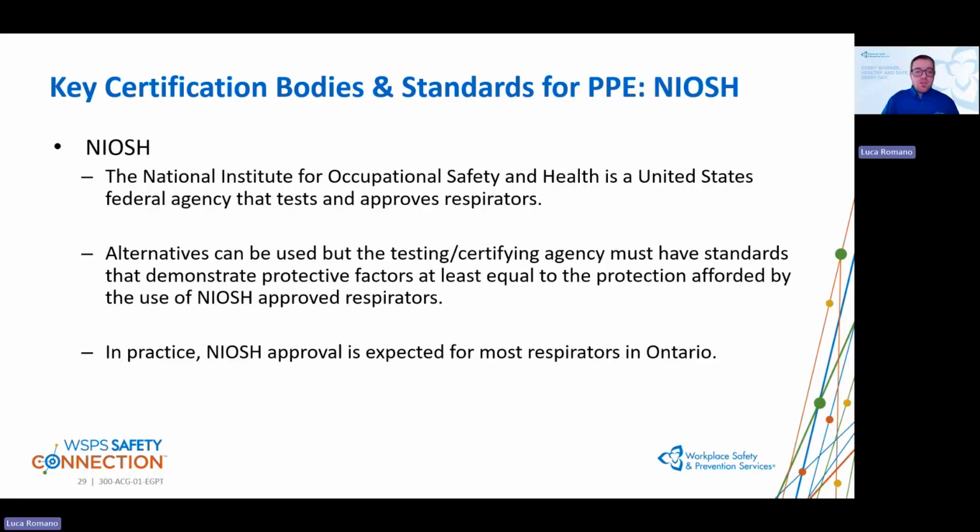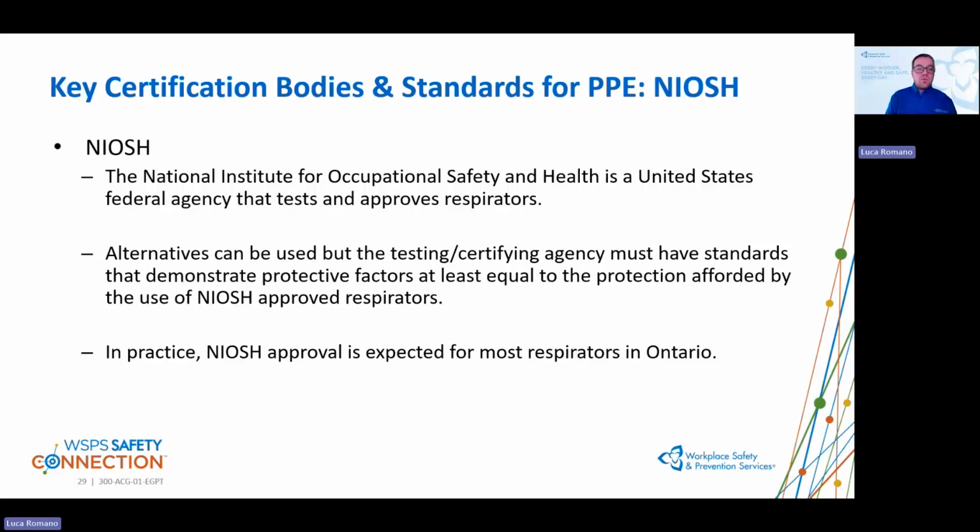Now, there's also NIOSH, or the National Institute for Occupational Safety and Health. They're actually an American federal agency, and they test and approve respirators. So in general, within Ontario, we talked earlier about Regulation 833. At a minimum, respirators should meet the standards that are afforded by NIOSH.